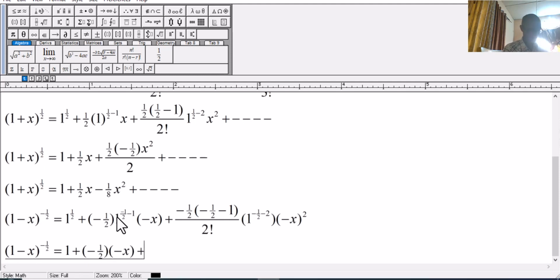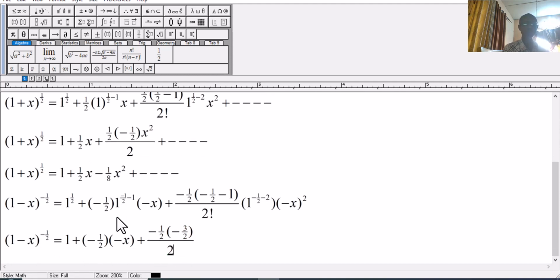So we have 1 over 2, so we have minus 3 over 2, all over 2. 2 factorial will give you 2.